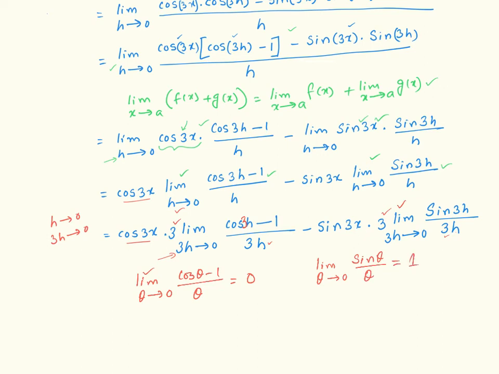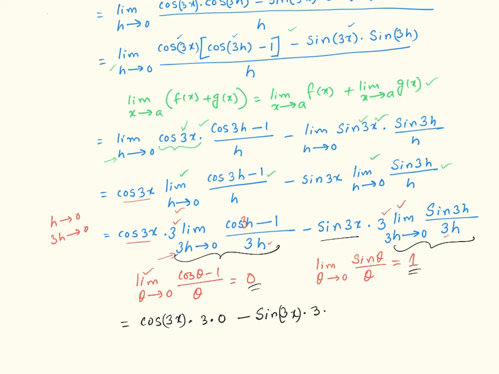So what do we get here? This is what we get. This limit is going to go to 0. So it's going to be cosine of 3x times 3 times 0, minus sine of 3x times, let me put a parenthesis around it, 3 times the limit of this thing.